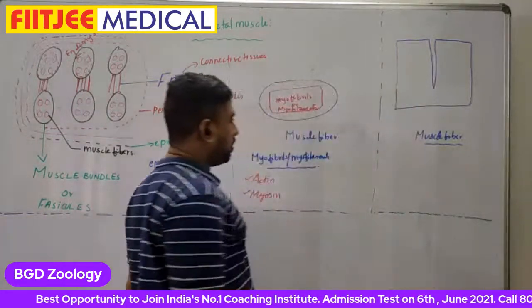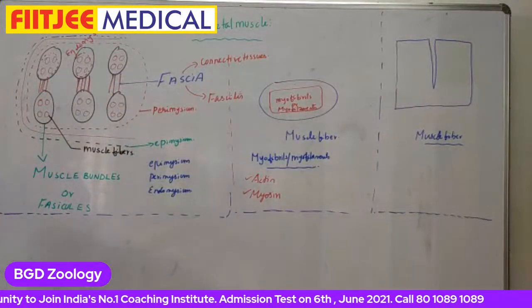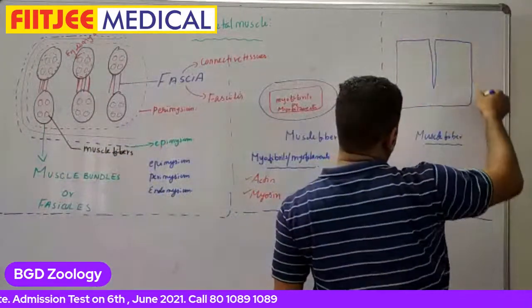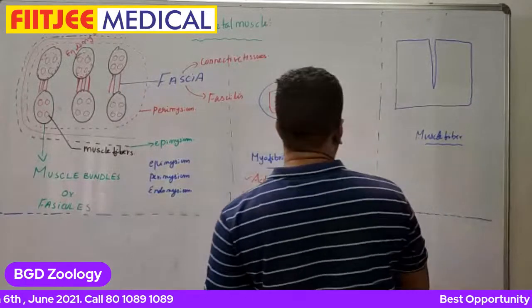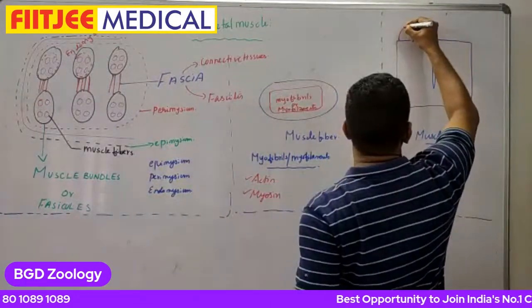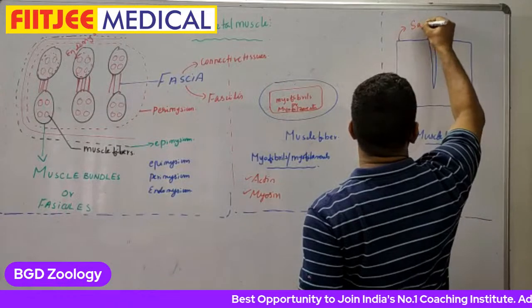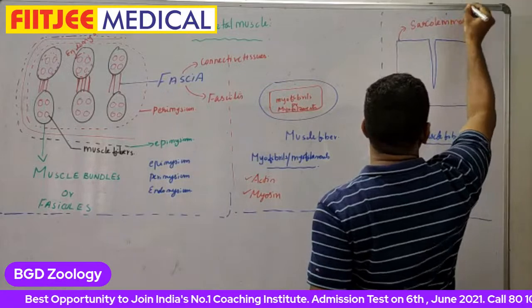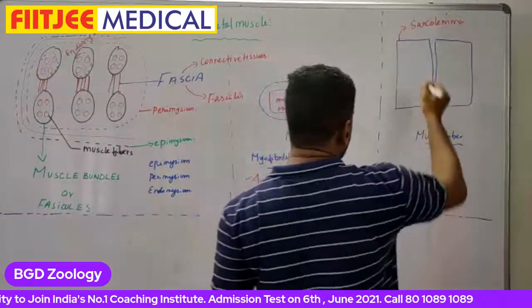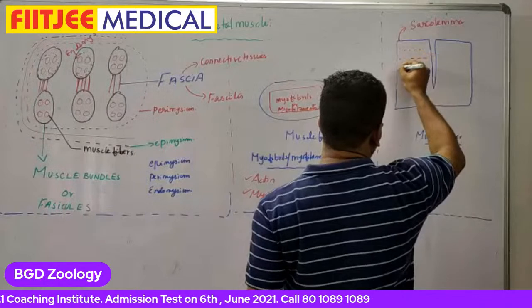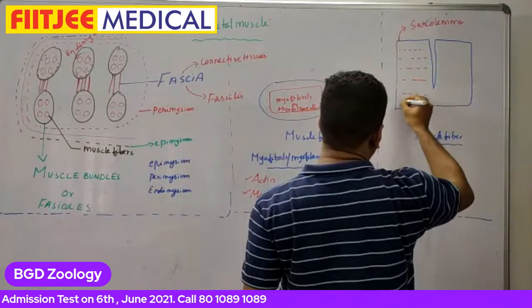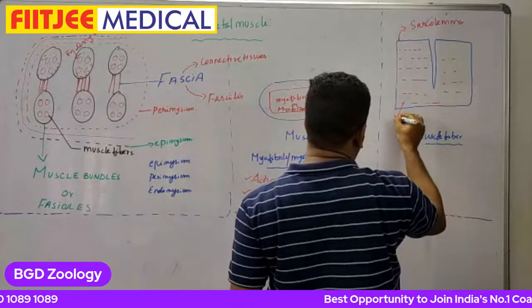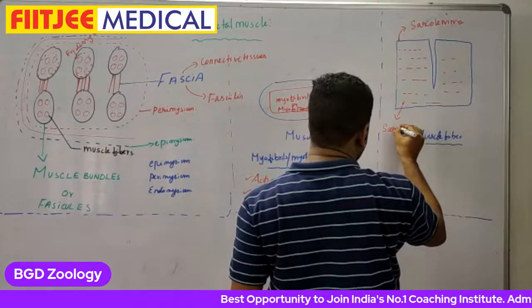This muscle fiber membrane, we call it sarcolemma. Okay, inside of it we have the cytoplasm, and that is called sarcoplasm.